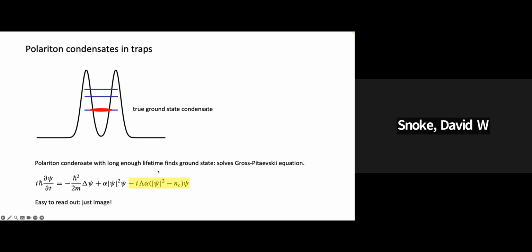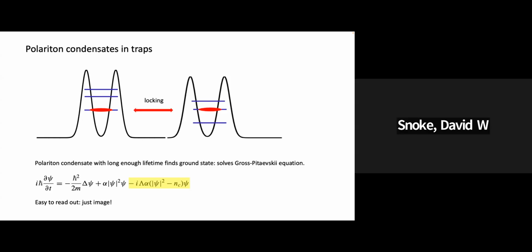If you want to account for creation and destruction of these things, leakage out and creation in, this is typically the way that's introduced, where you have a positive term and a negative term for pumping in and loss out. It turns out that in some cases, you don't need to worry about those. If the lifetime is long enough, you can just solve an equilibrium Gross-Pitaevskii with no generation and no decay.